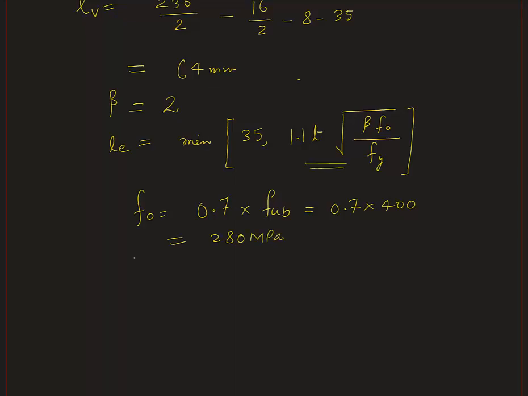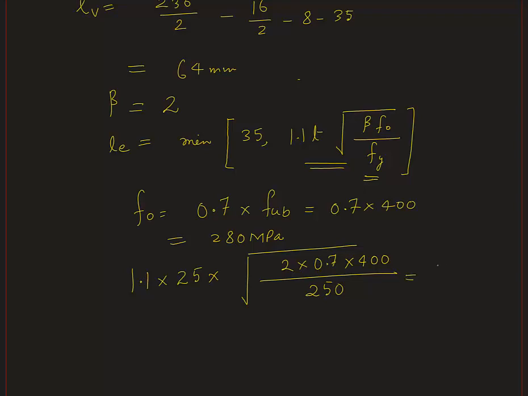So we can calculate this term. That is 1.1, T is 25 mm, and this term will be 2 times 0.7 times 400, and this divided by 250. So f_y for the material is 250. Note that in this case this is f_y for the material, not for the bolt.